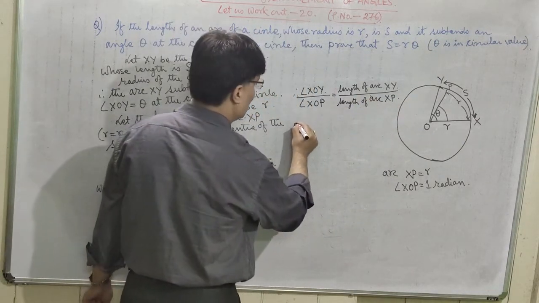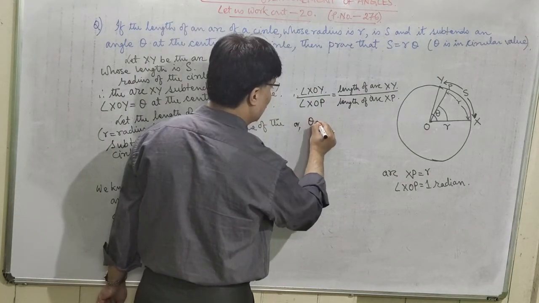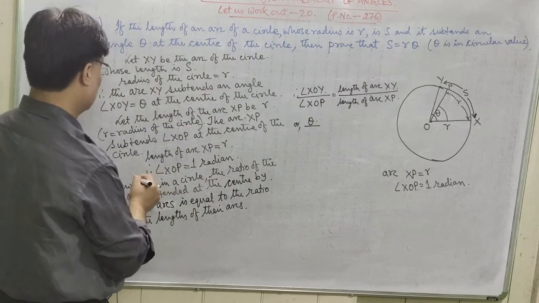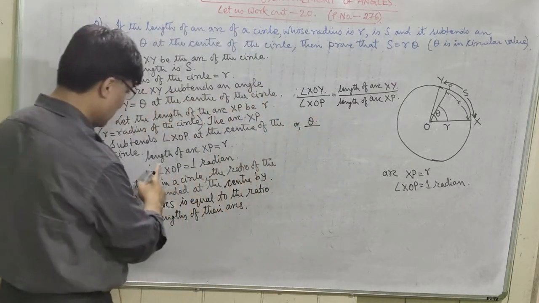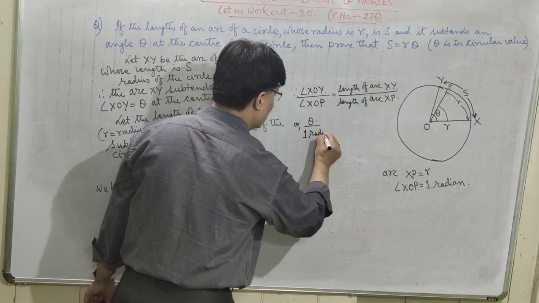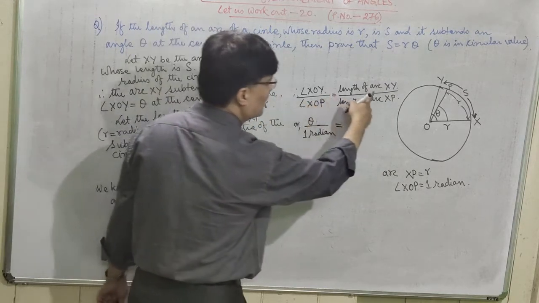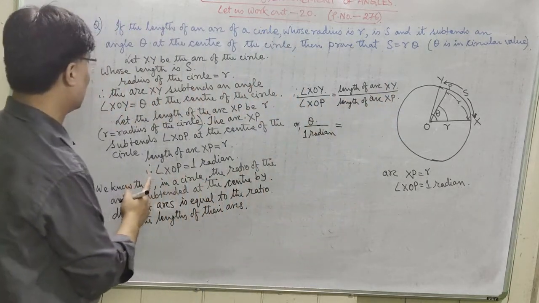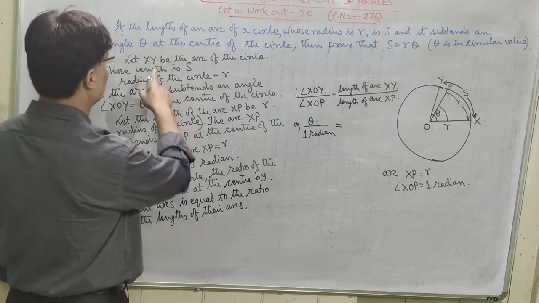What is angle XOY here? It is theta. Angle XOY is theta. What is angle XOP? It is 1 radian. This is your 1 radian. What is the length of the arc XY?